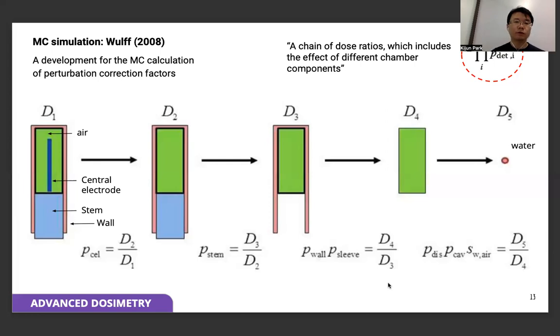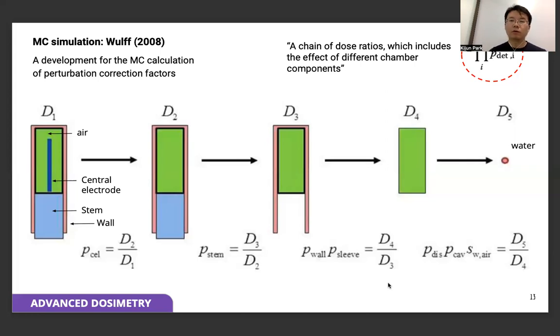So for example, D2 over D1 takes into account the perturbation factor coming from the central electrode, then D3 over D2 is the factor from the stem, and D4 over D3 is coming from the wall effect of the detector.